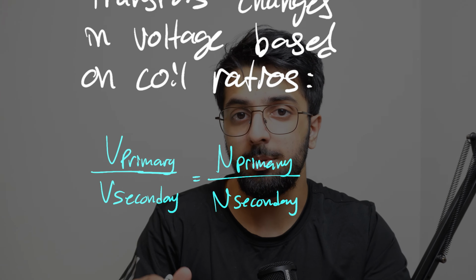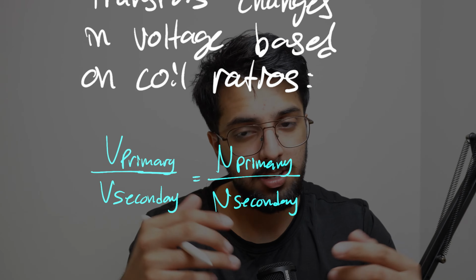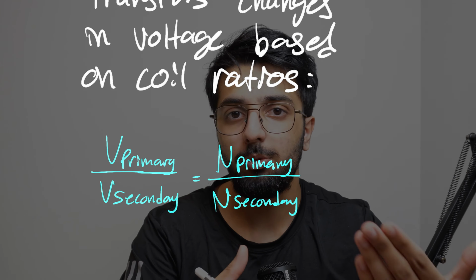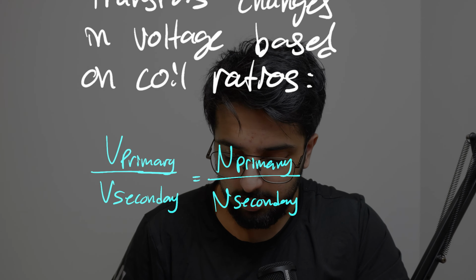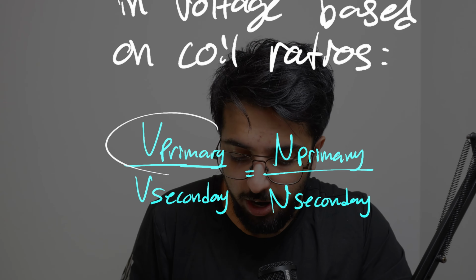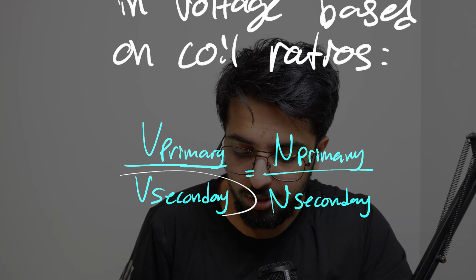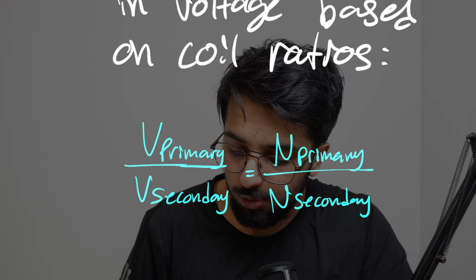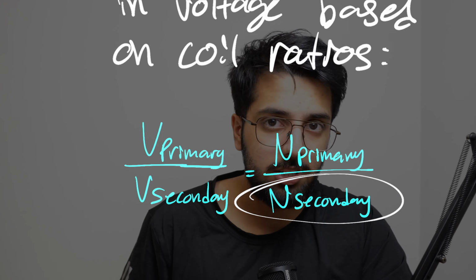That's why I established that the coils must have a different number of turns: it's the ratio of turns that determines our voltages, okay? So as we can see in this equation, the voltage across our primary coil over the voltage of our secondary coil is equal to the number of turns of our primary coil over the number of turns of our secondary coil, okay?